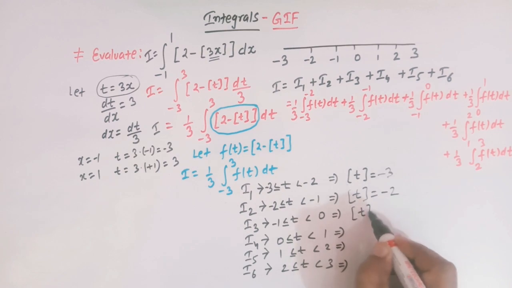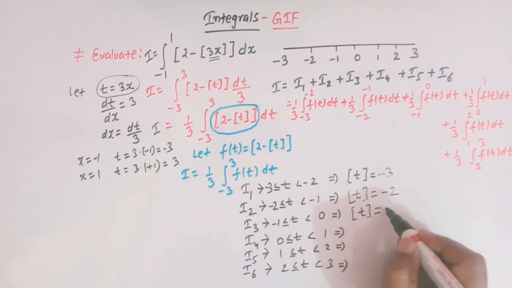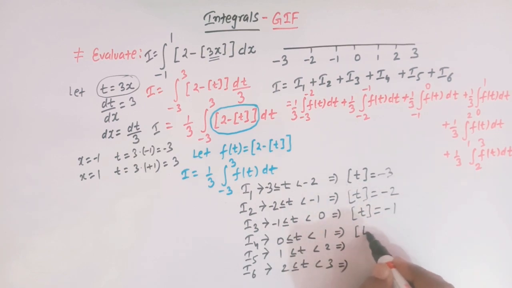Similarly here it is -1, and here it is 0. When t lies between 1 and 2, the greatest integer of t is 1, and here the greatest integer of t is 2.